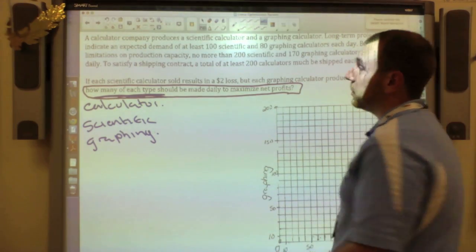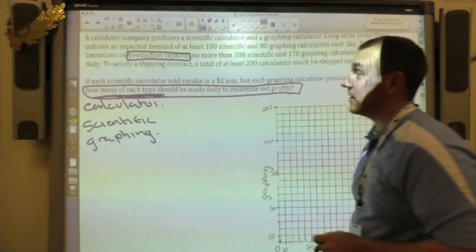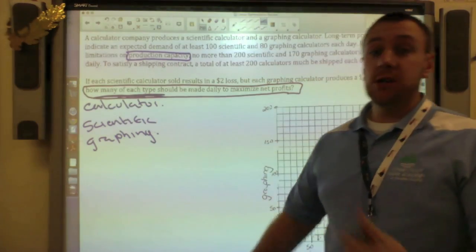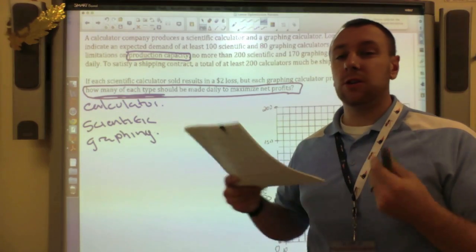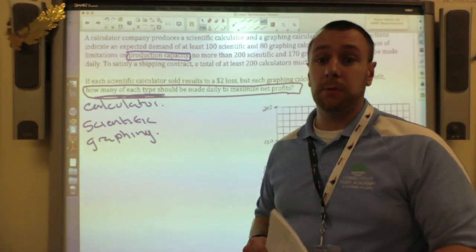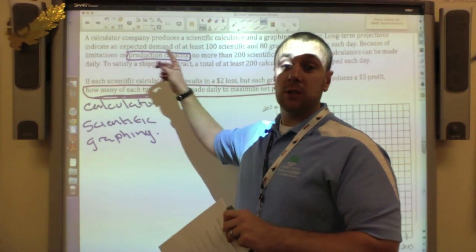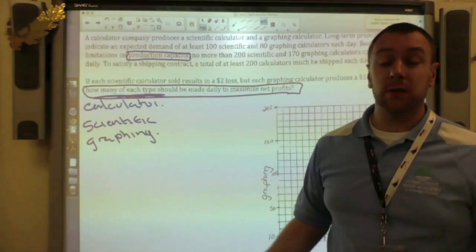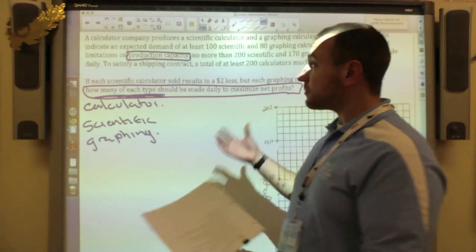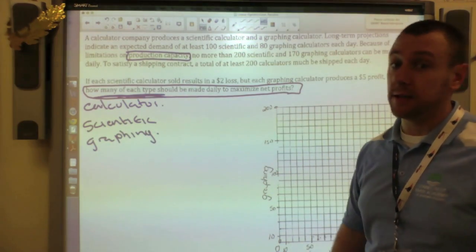Some people might not know what production capacity is. You just ask. You don't want to get caught up on vocab, because a lot of times that's what holds people up on word problems. By the way, production capacity is how much they can produce per day. They can't just do unlimited stuff, because there's a cap to what we can do.